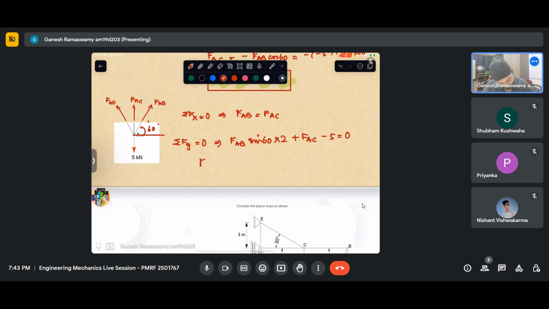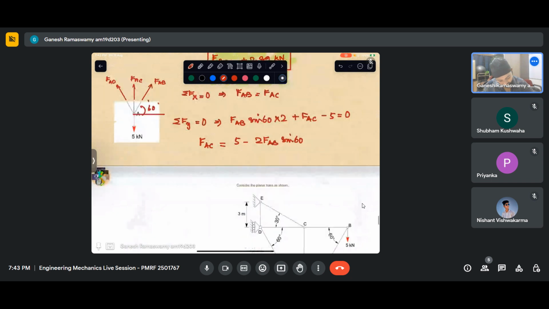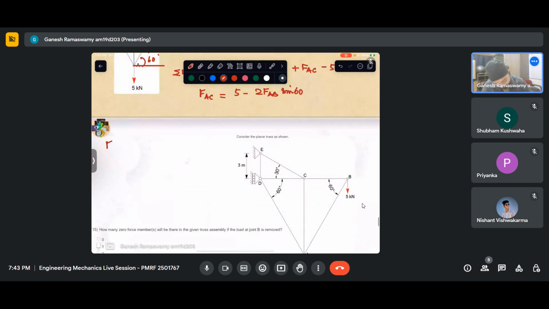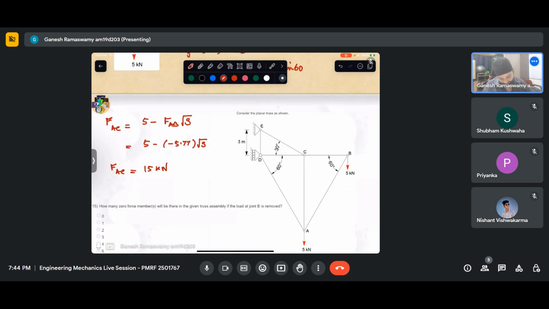So FAC is 5 minus 2 FAB sine 60, which gives me minus 5.77 times 3. So it is coming to 15 kilonewton.